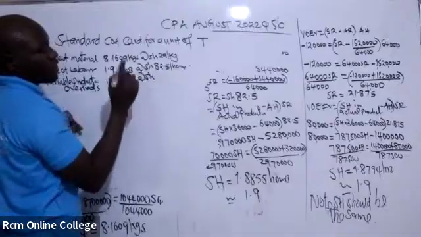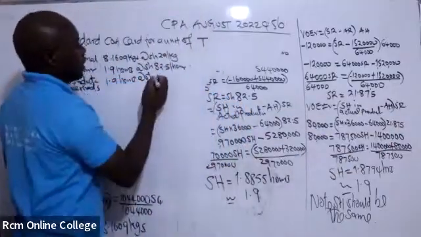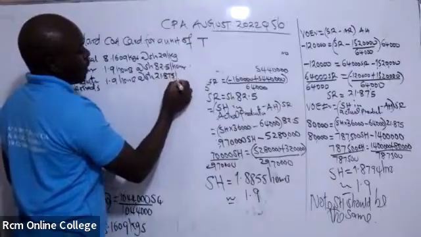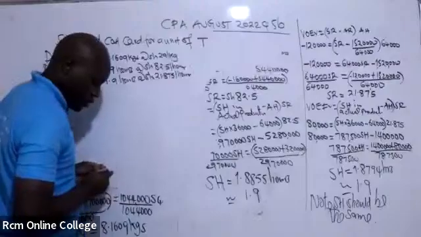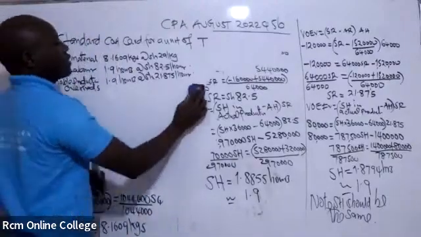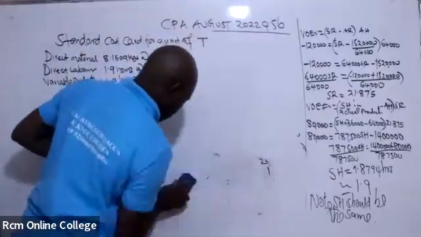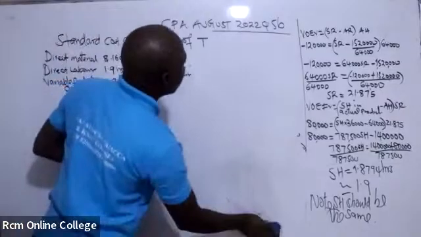At shillings, what is the standard rate? 21.875 per labor hour. That is what we have. So let's come here. I think the ones are not gone. I don't need to return them.